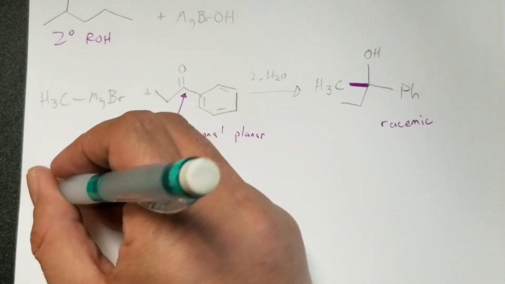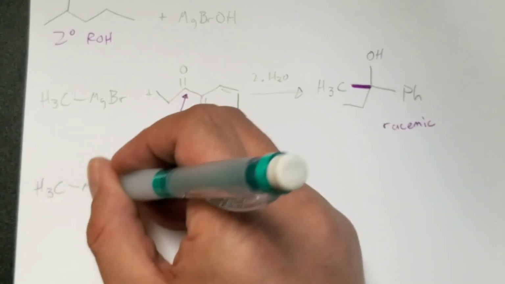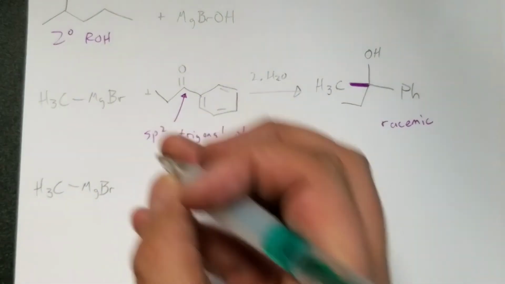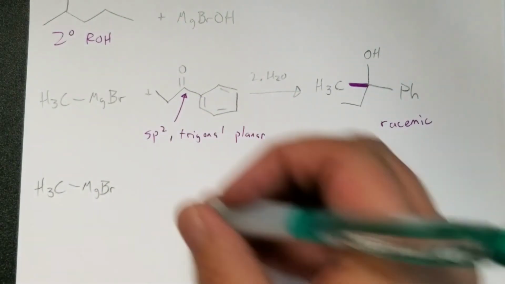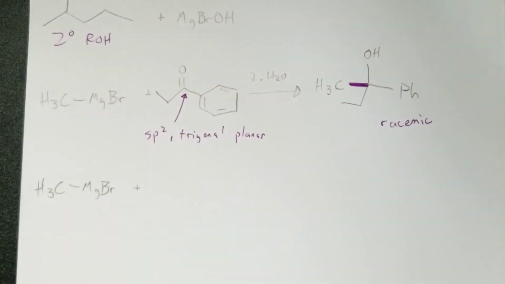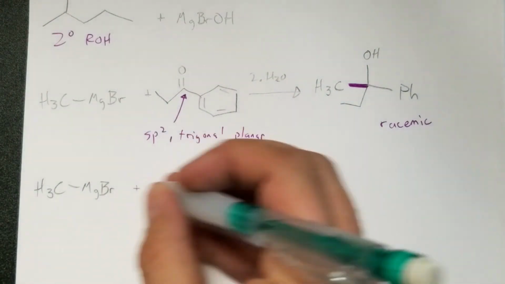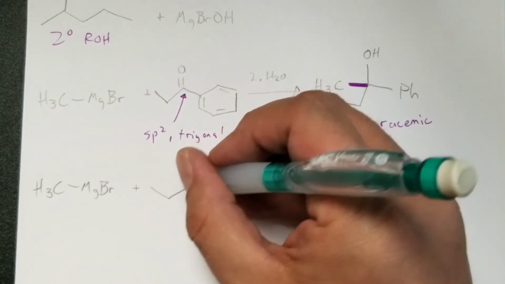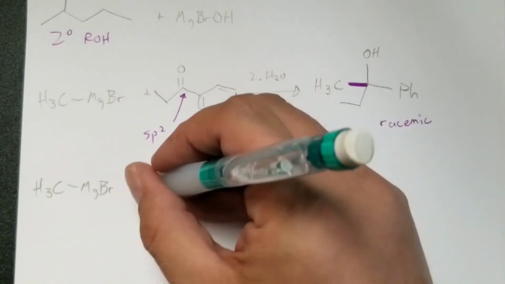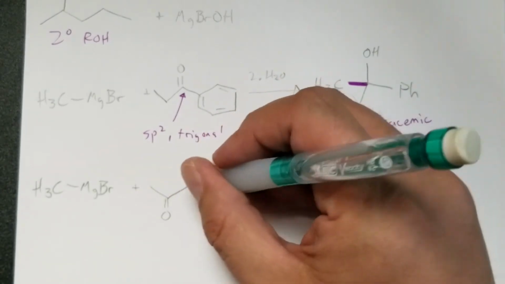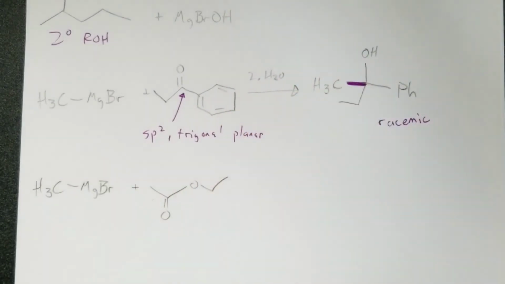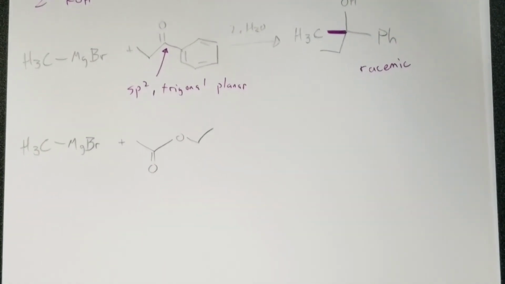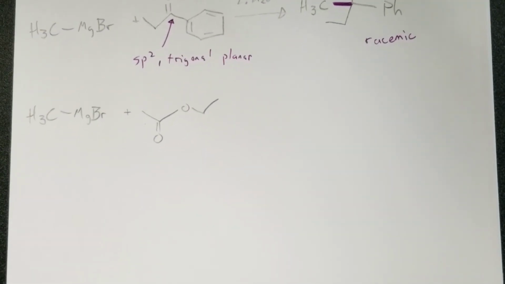It's the same methyl magnesium bromide, and the ester I want to use today is nail polish remover, ethyl acetate. Let me make my carbon a little bit longer. There you go, ethyl acetate, commonly called nail polish remover.